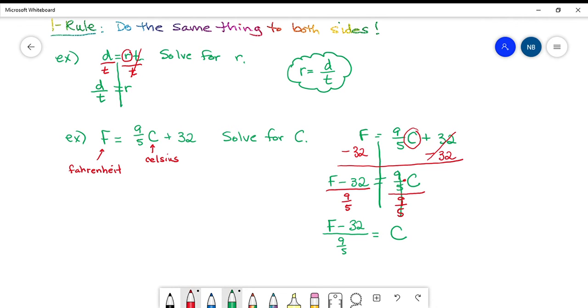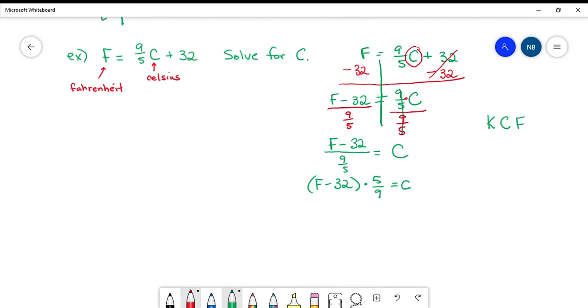Now, I don't know if you remember this or not. In elementary school, some teachers call it keep, change, flip, KCF. And that means keep the numerator, change the divide to times, and flip the fraction over.